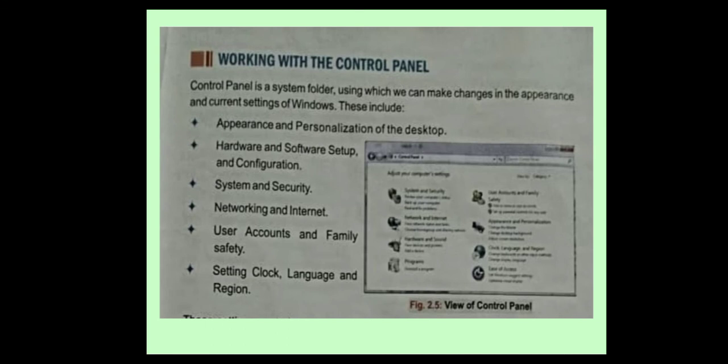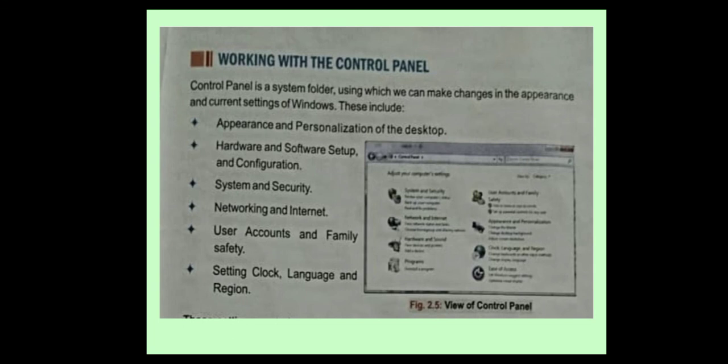Next one, networking and internet. In this folder you set up your internet connection, and if you have any problem, you manage it here through control panel. User accounts and family safety means you create a user account, one or two according to need, and provide a password for security. Next one is clock, language and region.